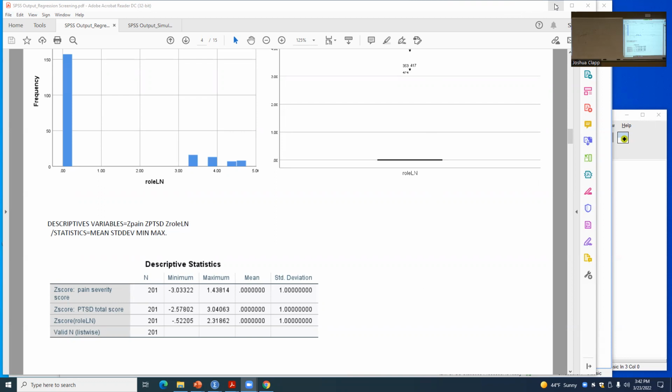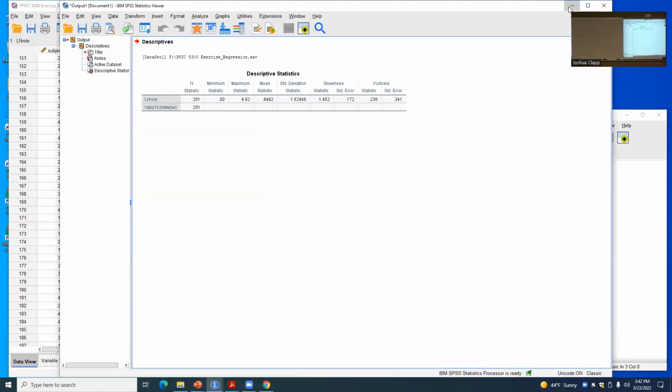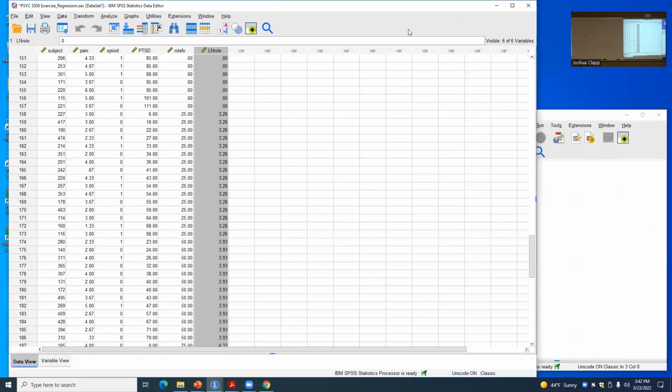Okay, now what we need to do next is take a look at our bivariate plots. We need to look at scatter plots, and what we're looking for here is making determinations on linearity and homoscedasticity assumptions.